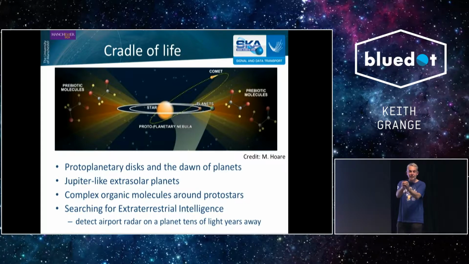So we'll be able to pick up their airport landing radar with our telescopes. So SETI, that you'll have heard of before, is looking for alien civilizations which have beamed messages towards us. This experiment will pick up intelligent life if it's out there and if it's using anything like our radar systems.